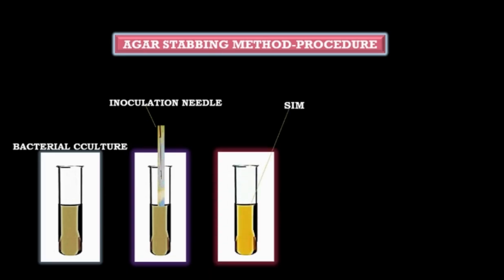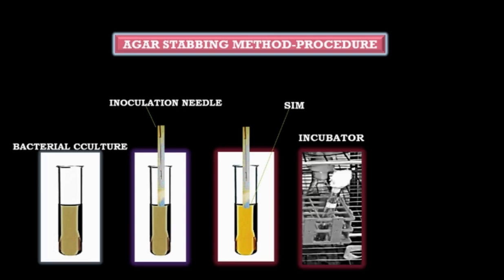With the help of an inoculation needle, you take a few drops of bacterial culture and place it in the SIM solution with the help of a loop or inoculation needle. Then you keep the SIM solution in the incubator for at least 24 hours at 37 degrees centigrade.